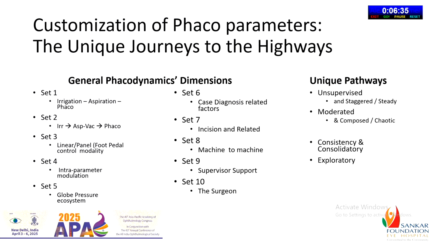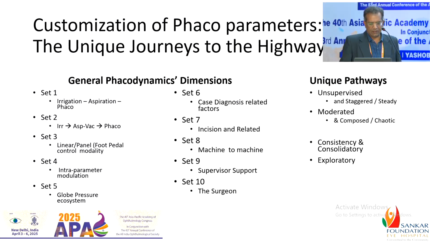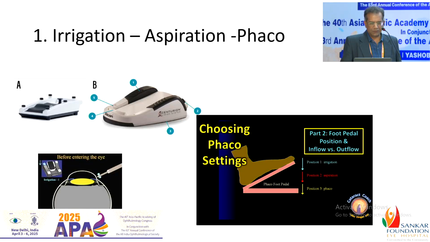So when I set forth to write this series, I found that there are 1, 2, 3, 4, 5, 6, 7, 8, 9, 10. Finally, only the surgeon is coming. So irrigation aspiration is such an important part.